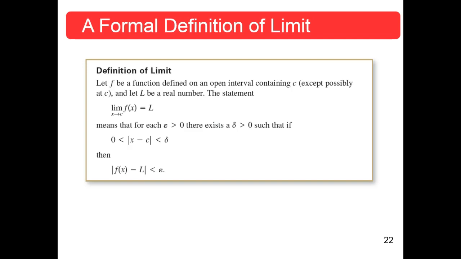So what is that saying? No matter how small you choose the epsilon, you can find the delta which makes this statement true. That's the formal definition. It takes the idea of arbitrarily close and approaching and gives it a formal meaning.